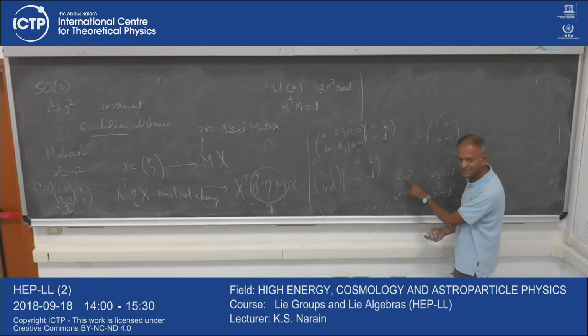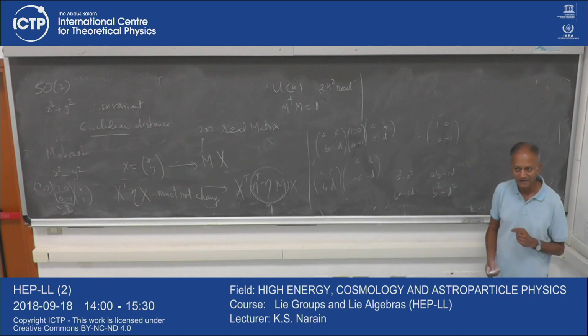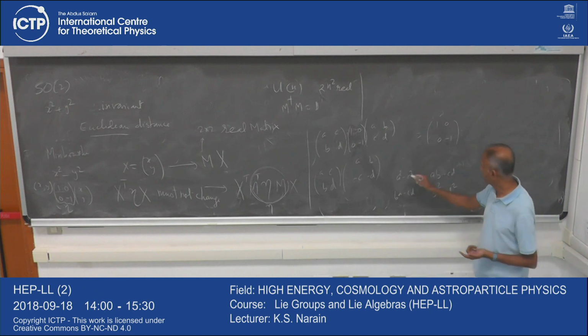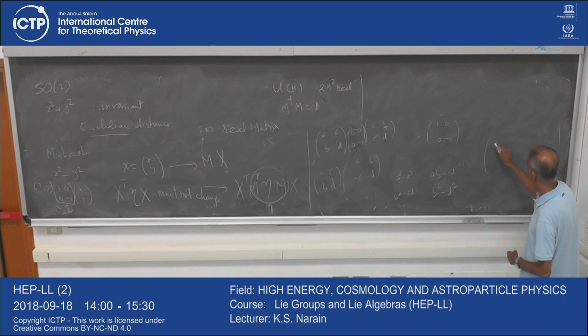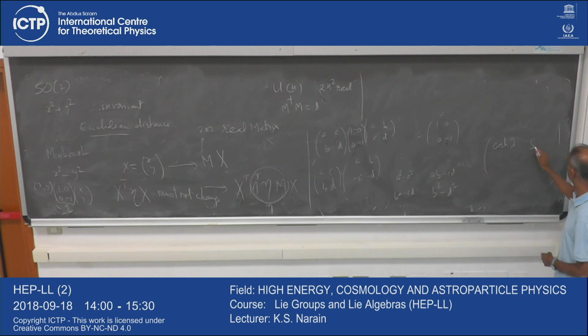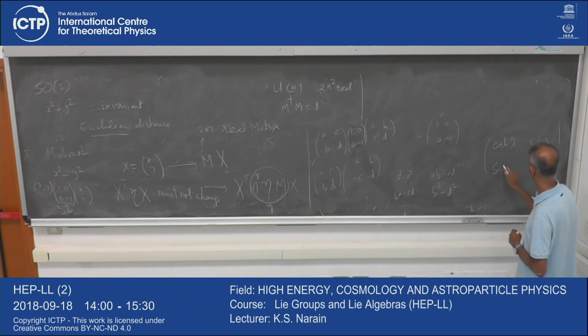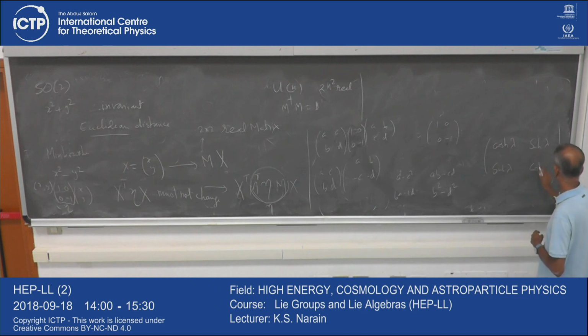But now, because of the minus sign, these are hyperbolic functions, cos hyperbolic and sine hyperbolic. So I'll just give you that solution. I can choose this to be cos hyperbolic lambda, sine hyperbolic lambda, sine hyperbolic lambda, cos hyperbolic lambda.